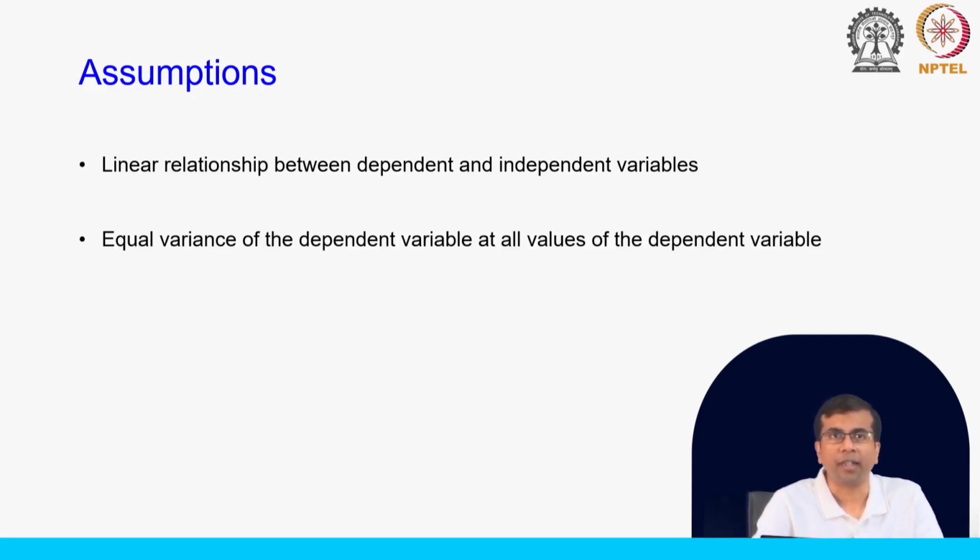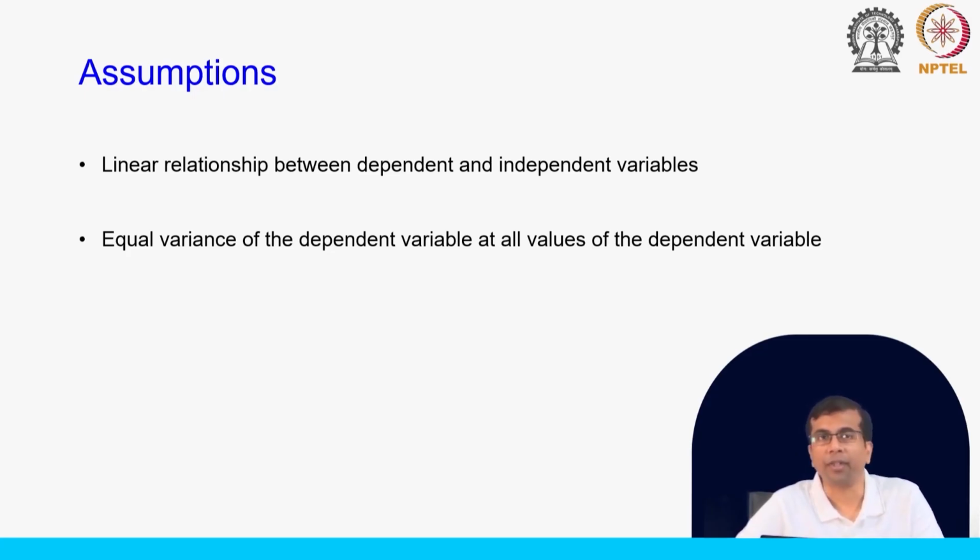There are other assumptions as well. We may not be able to satisfy all these assumptions at all times, but we should be aware of them, because if these assumptions are violated, the model will not be that robust.